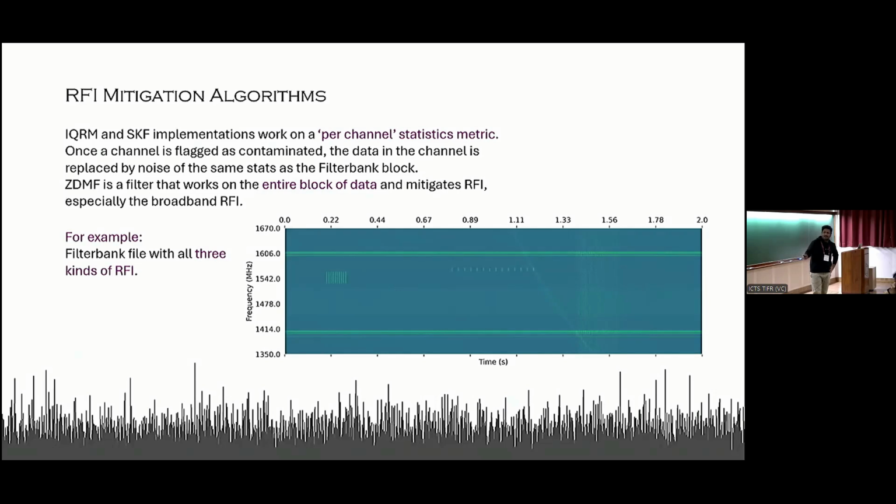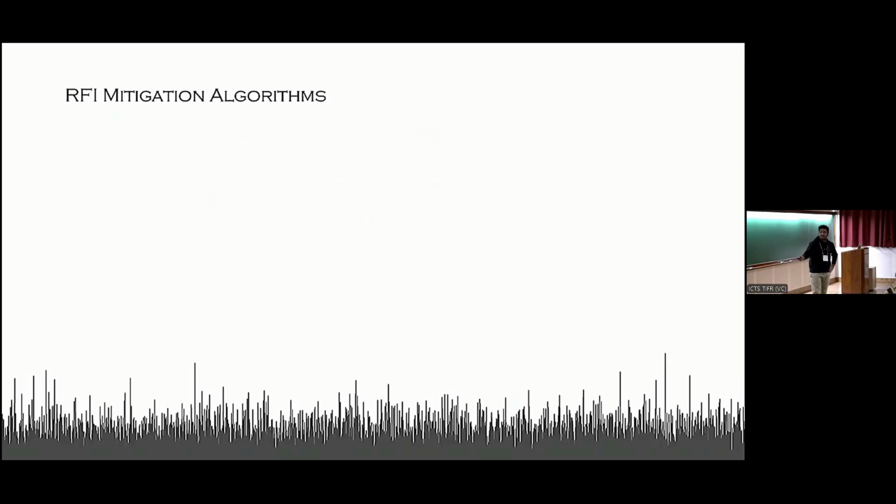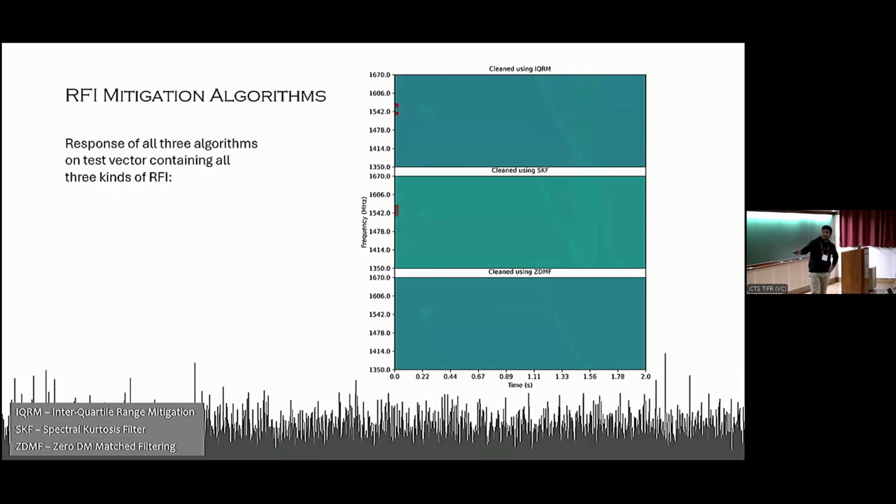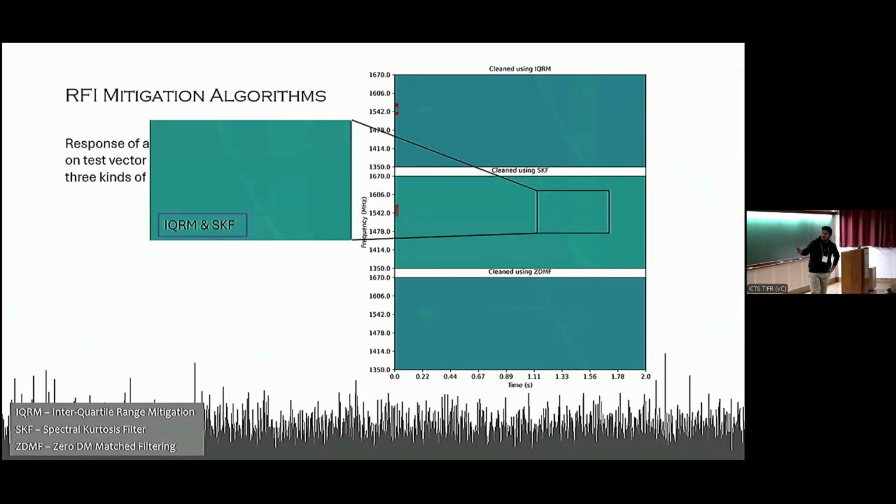Just for example, if we pass this filter bank across all 3 RFI mitigation algorithms, we get something like this. You see the top one is cleaned using IQRM, the middle one is from SKF, and the bottom one using ZDMF. Focusing a bit more on them, for IQRM and SKF you basically flag every few channels depending on where the RFI is.